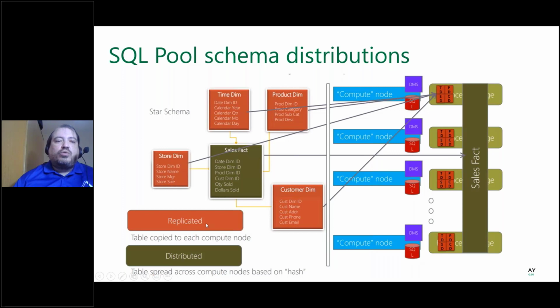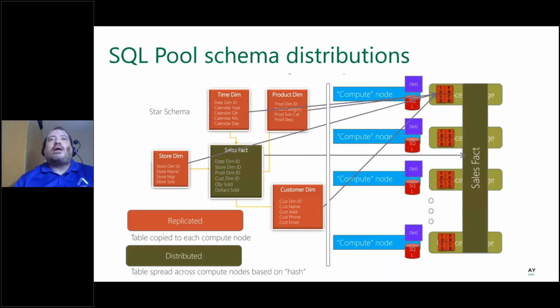So a good practice is to use hash for the fact table and use replicated for the dimension tables. Now you may be noticing, well, but the default was round robin. Yeah, the default was round robin. That's what I'm saying to you.